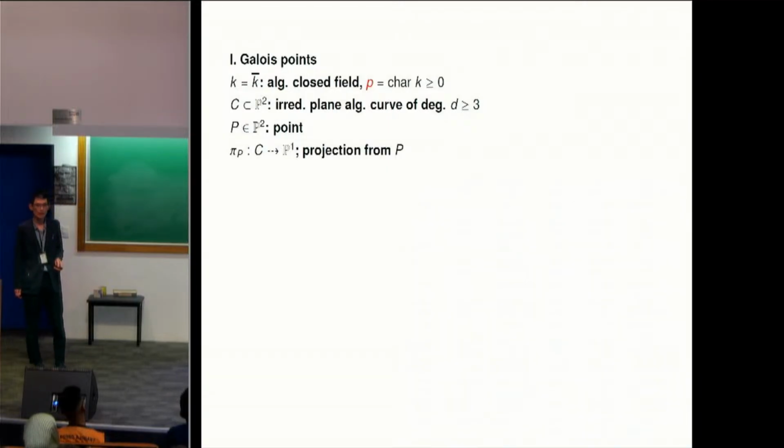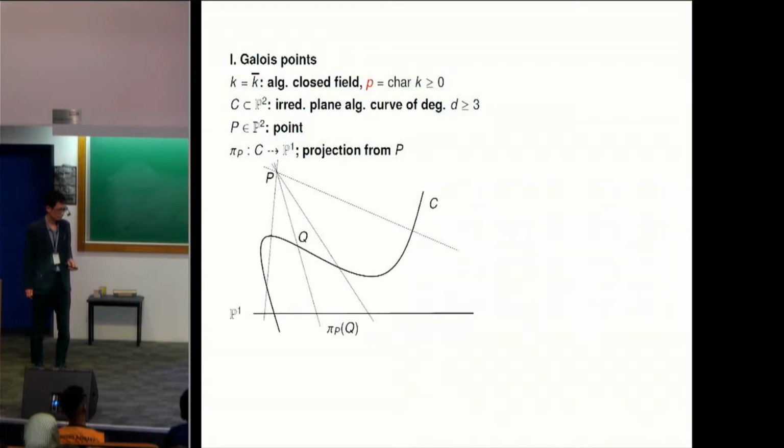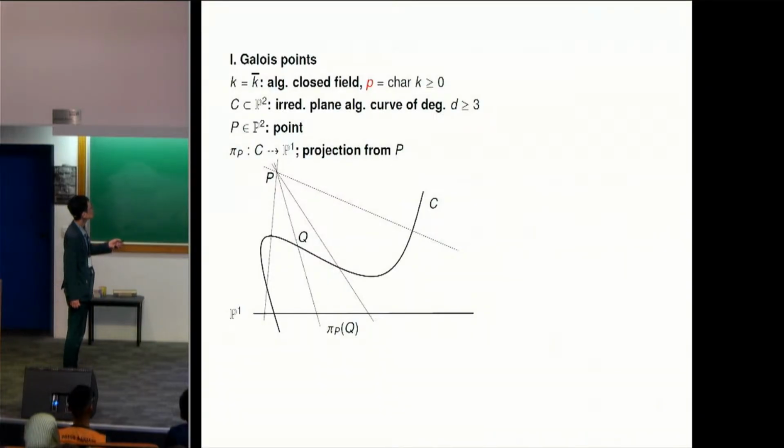Then we have a natural rational map from C to the projective line, which is called the projection from P. This is the curve C. We take a point P. Then we take a point Q. Then we have the image by the projection from P, like this.